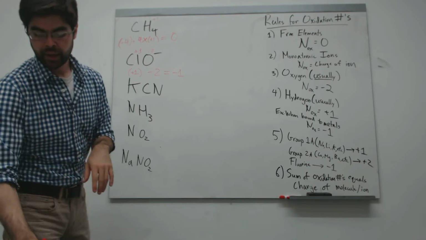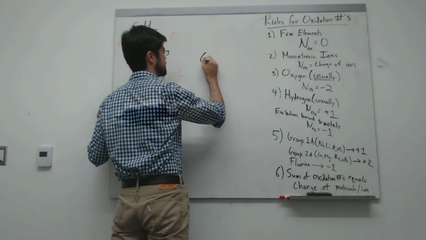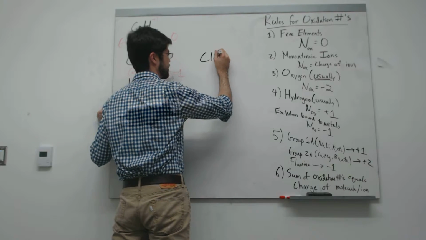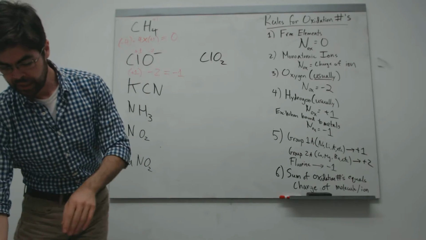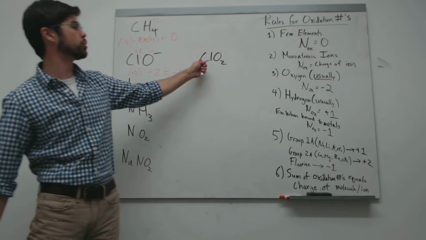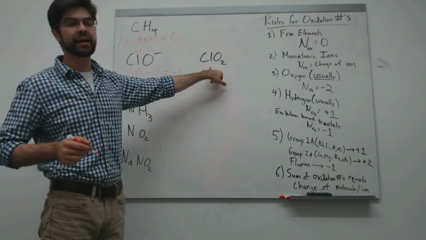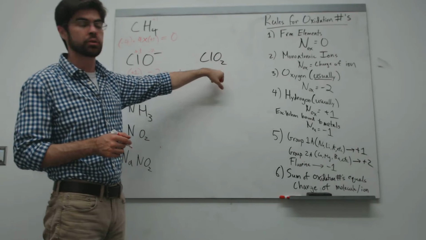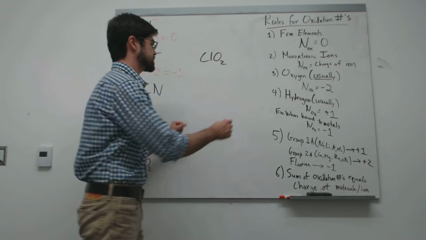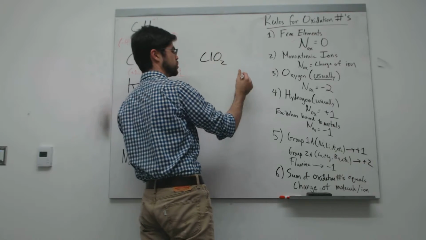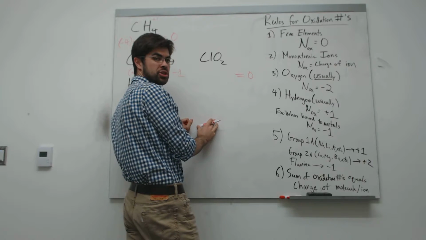To give you guys an example, I should have done that previously, but I'll give you a different example here. This is a slightly different compound, ClO2, which is also a perfectly stable compound. In this one, even though it's still chlorine and oxygen, you'll see that the chlorine has a different oxidation state for this molecule than it does for this molecule. I will yet again apply Rule 6 and say, okay, this molecule is neutrally charged, so it has a net 0 oxidation state.